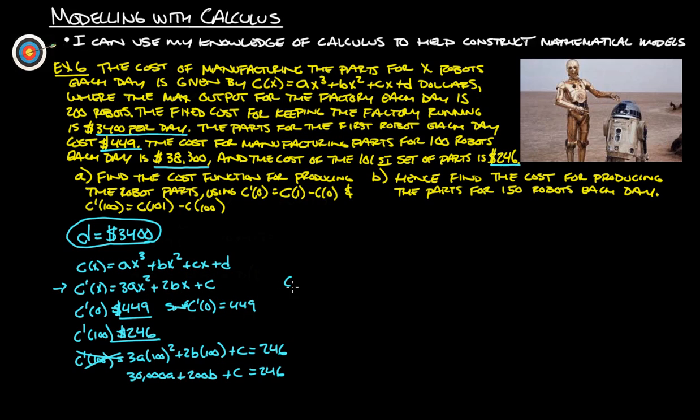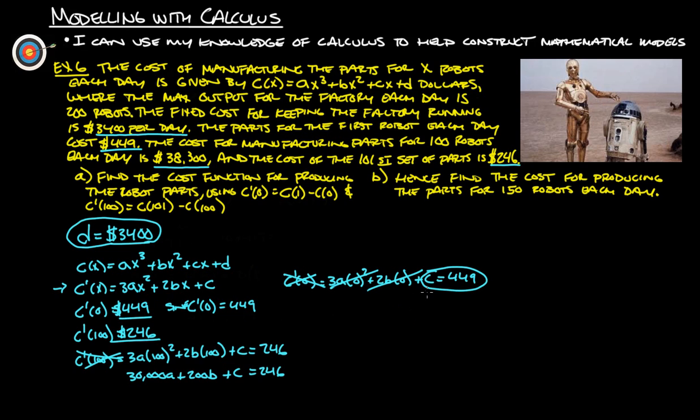If we plug in c prime of 0 equals 3a times 0 squared plus 2b times 0 plus c, we know that has to equal 449. So this turns into 0, this turns into 0, so that means now that c has to equal 449 as well. So now we have both c and d.